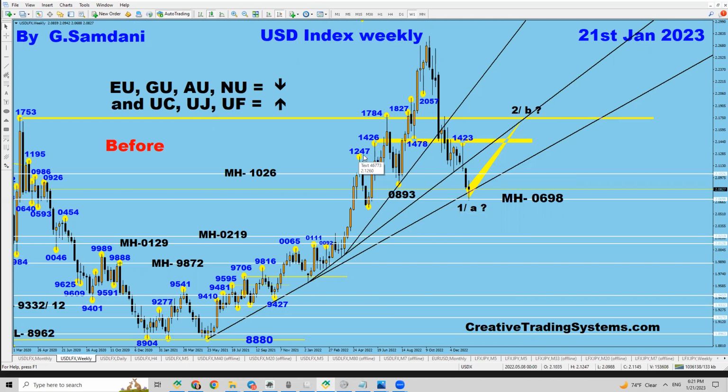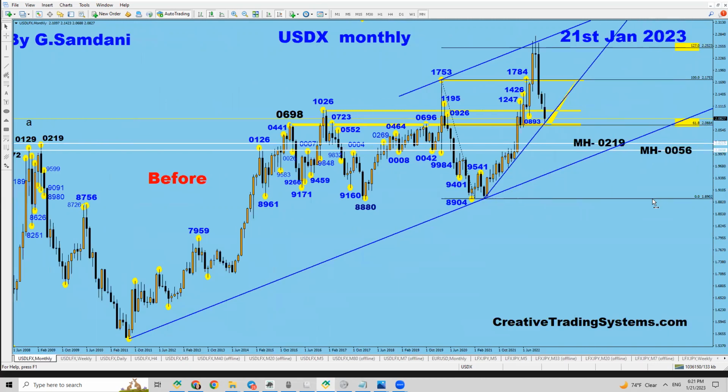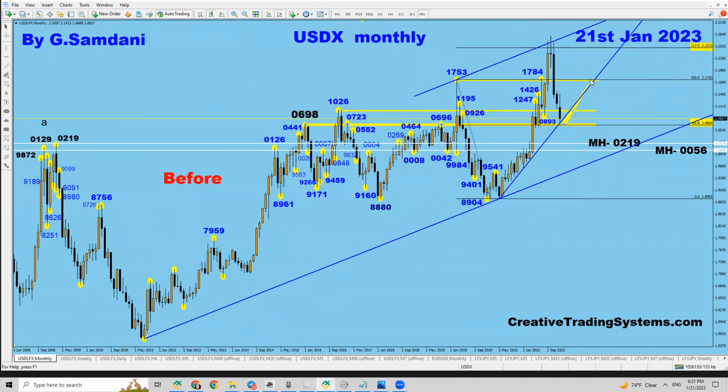1426, 1478, 1423, one of these levels, or maybe we'll go back up here 1753 before coming down again one more time, and it will be coming down to this TL, outside TL, right? It will go up here, and then it will come down here to 0219 or this area 0056, right?